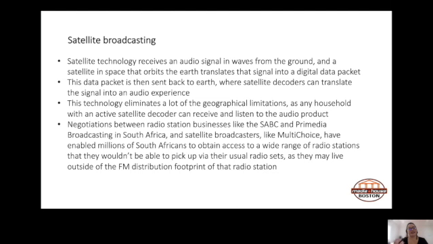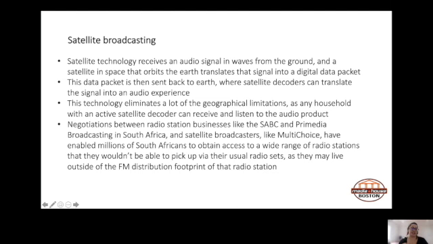So again, satellite technology receives an audio signal in waves from the ground, and a satellite in space that orbits the Earth translates that wave signal into a digital data packet. This data packet is then sent back to Earth, where satellite decoders can translate the signal into audio that we can hear.